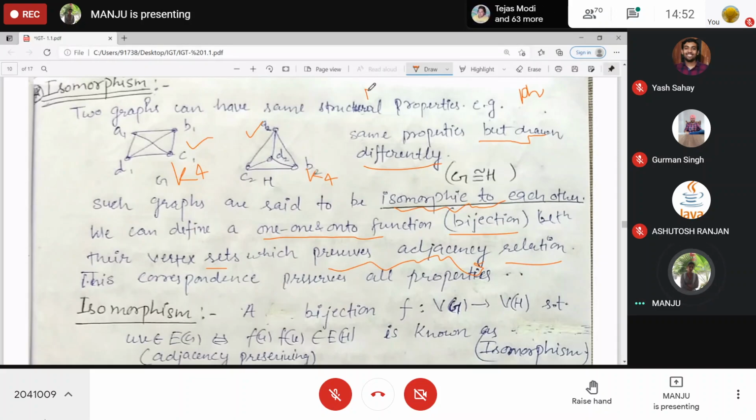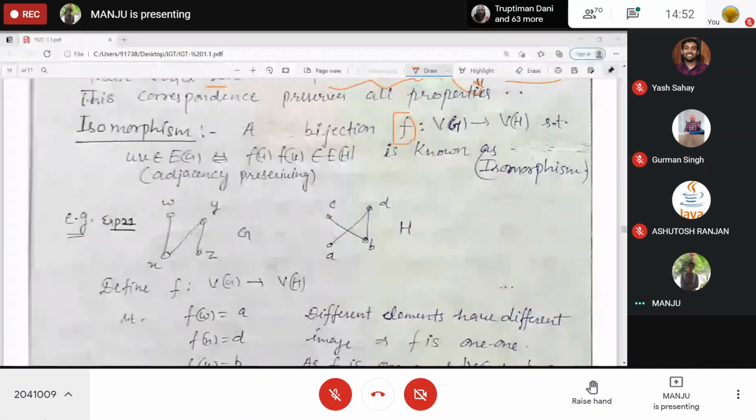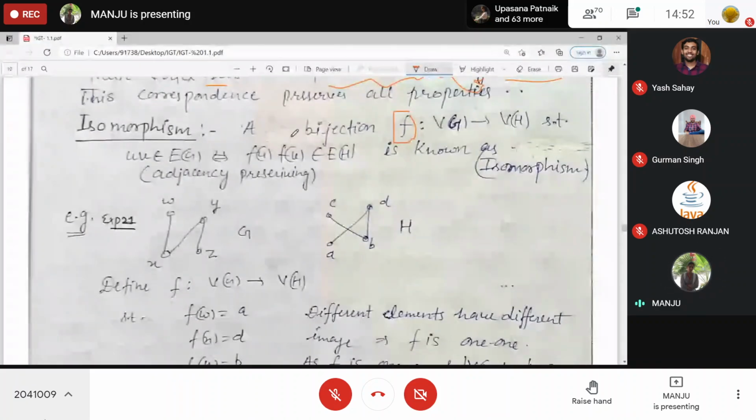So in our case, this is VH to VG. Okay, isomorphism is what? A bijection F from VG to VH or VH to VG, such that this is your adjacency condition.